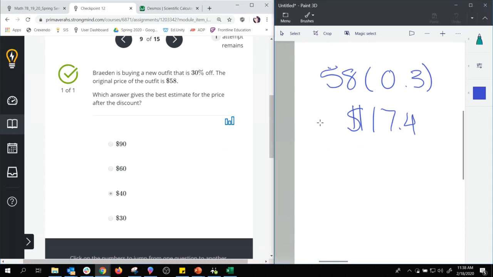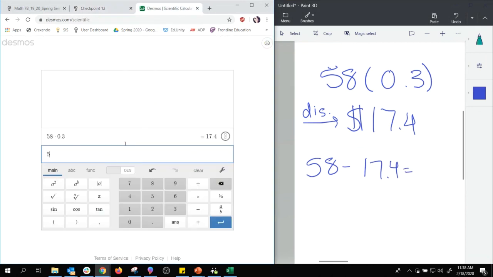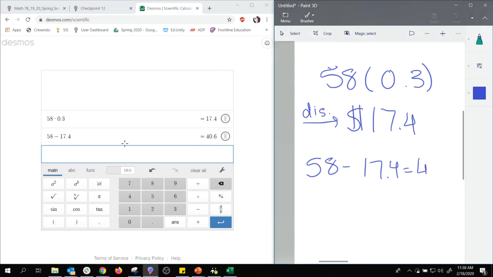So this 17.4 represents the discount. The discount is how much money is being taken off of the original price. To figure out the price he would pay after the discount, we'd want to do 58 minus 17.4, and we get 40.6.